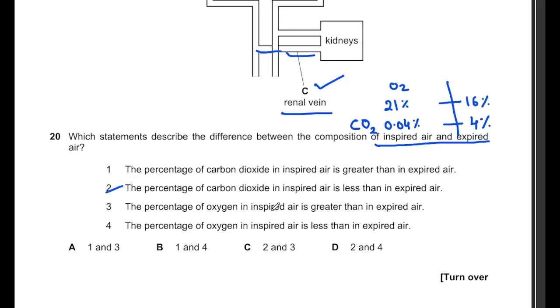The percentage of oxygen in inspired air is greater than the expired, right? So this is also true. So the option is 2 and 3. Only one of the answers will be correct, right? So 2 and 3, and we have done 10 questions in 18 minutes.